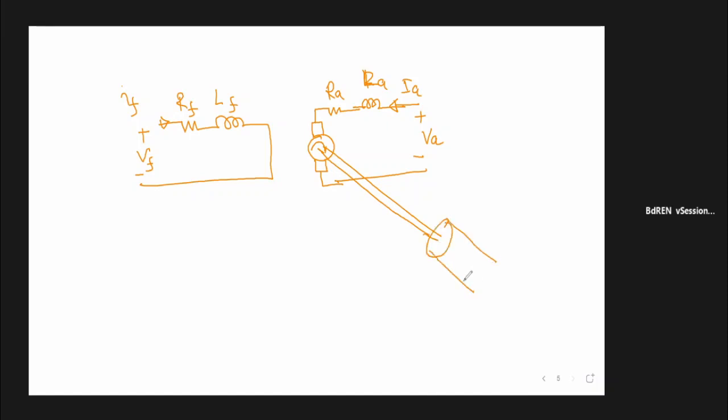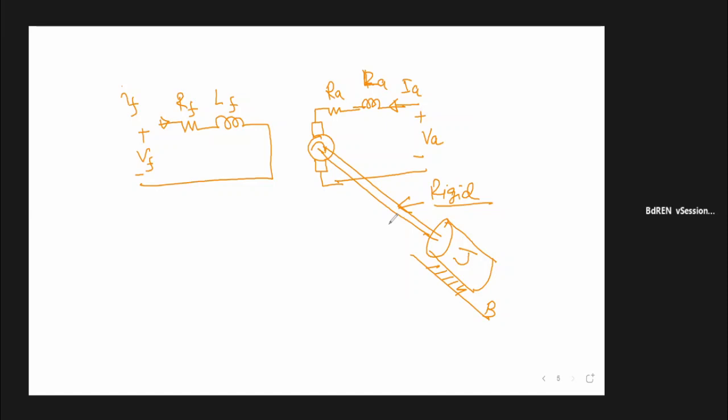Loads are usually represented by what? A rotational object with inertia constant J and friction B. Isn't it? Yes, sir. If this shaft is rigid, what do we mean by a rigid shaft? It means that when the motor is rotating, no deformation will occur in the shaft.